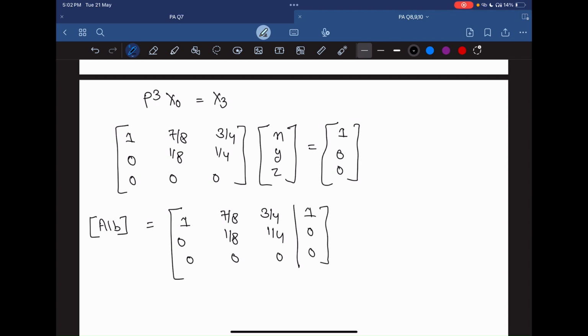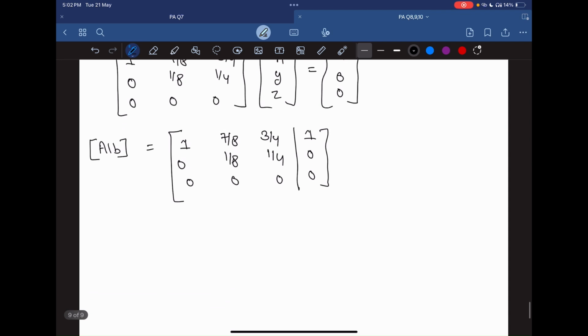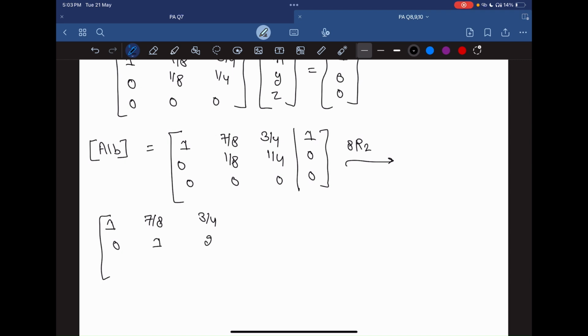Now let's try row reducing the matrix for our solution. So we do 8 times R2, giving 0, 1, 2 in the second row, and the rest zeros. And R1 minus 7/8 R2 for making this entry 0.